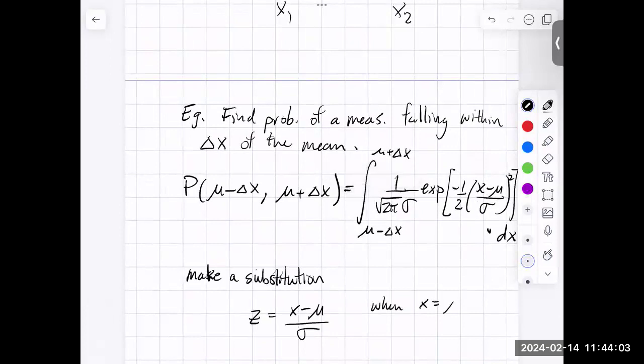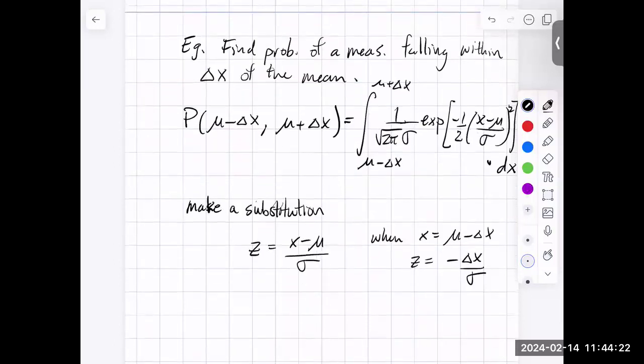So if I do that, then when x is equal to mu minus delta x, z is equal to what? If I put in mu minus delta x, the mu minus mu will cancel. I'll just get a minus delta x over sigma. And then when x is equal to mu plus delta x, we should just get z is equal to plus delta x over sigma, I think.